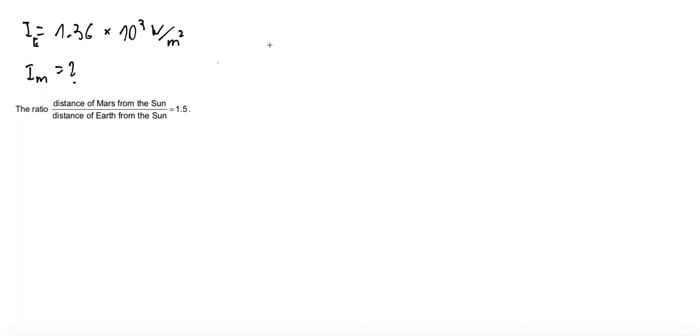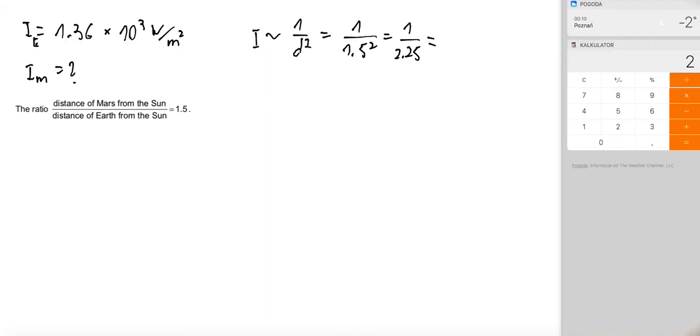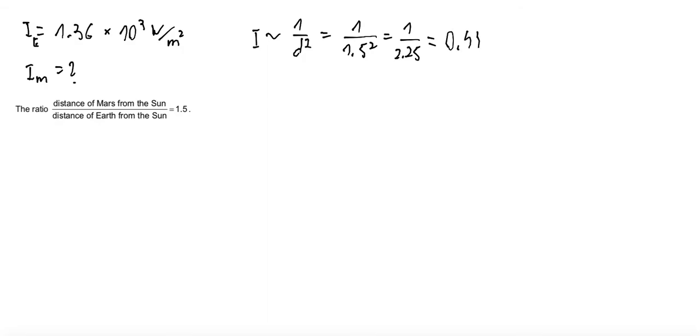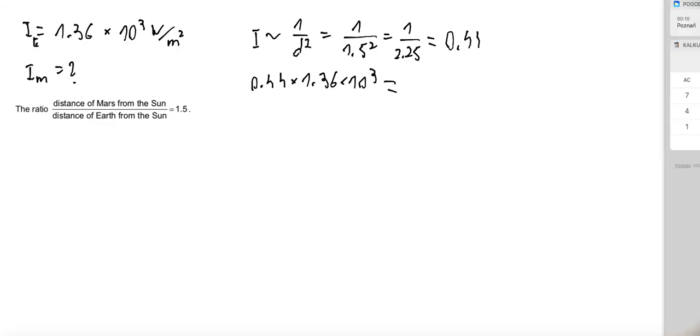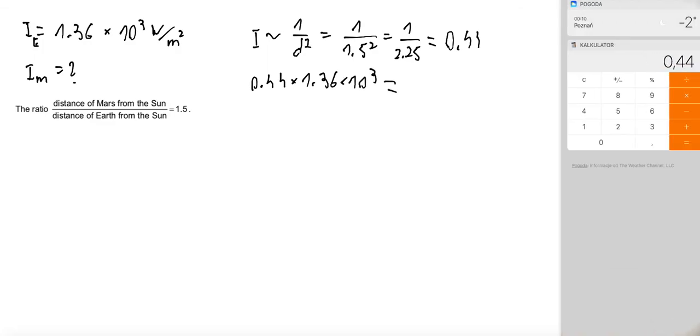Remember that intensity is proportional to 1 over distance squared. In this case, 1 over distance squared will be 1 over 1.5 squared, so 1 over 2.25, which is 0.44. 0.44 multiplied by 1.36 times 10 to the power of 3 gives us what we're looking for.